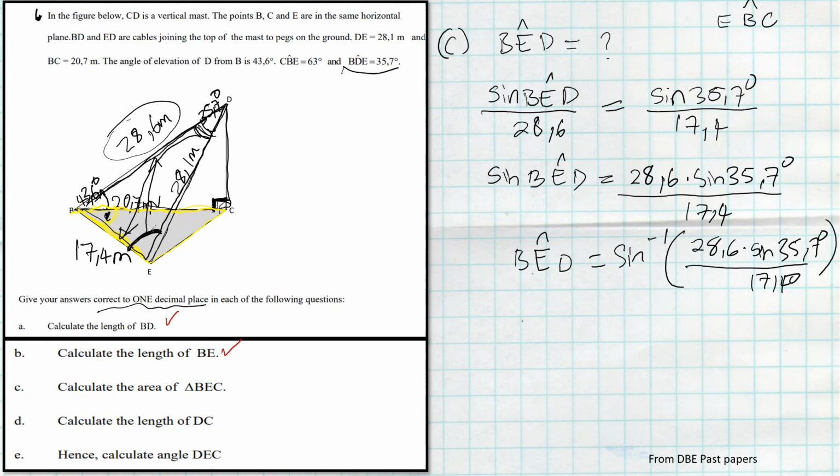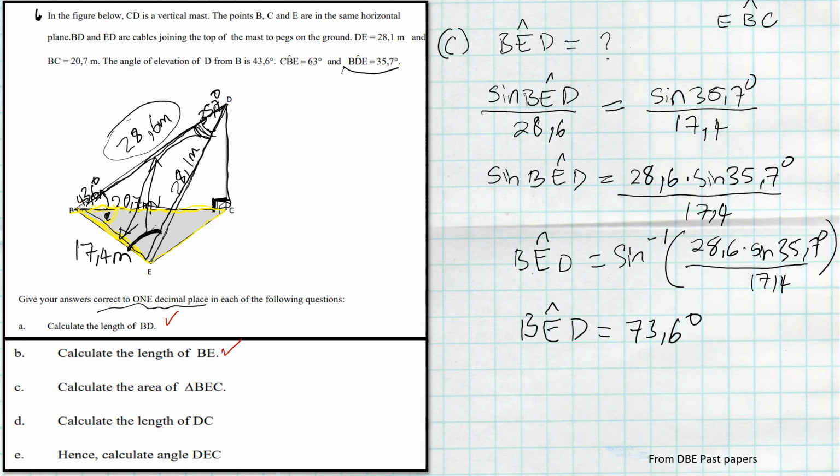Okay, then I can solve for my angle. Angle BED will be equals to, when I punch the calculator, it's giving me 73.6 degrees. 73.6 degrees.